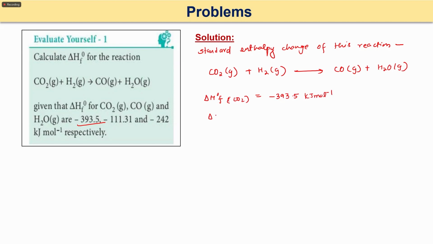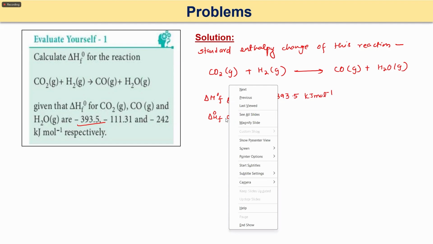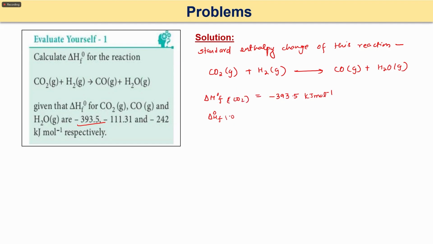Next, we are given the standard enthalpy of formation of carbon monoxide as minus 111.31 kilojoule per mole and the standard enthalpy of formation of water as minus 242 kilojoule per mole.